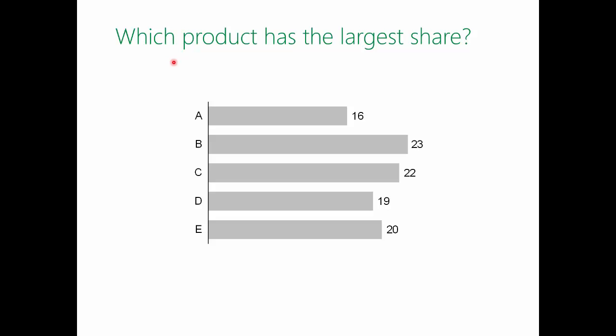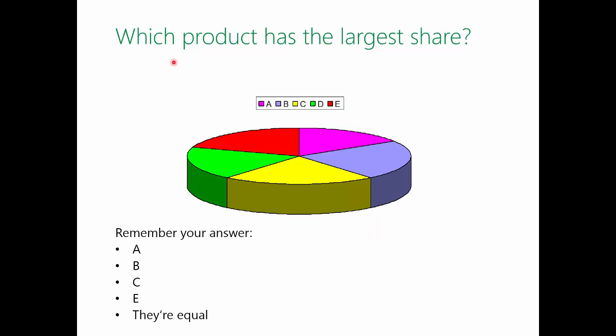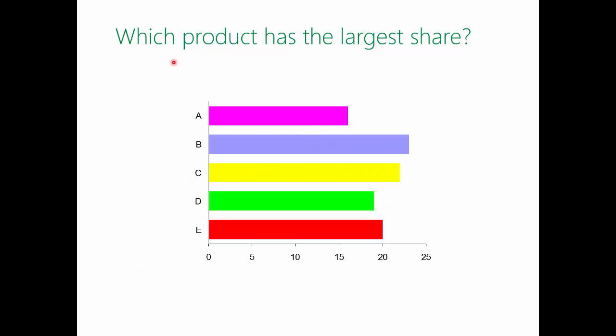The second thing is, of course, if I would ask you a few more questions, like for example, how much is the share of the third largest product, or something like that, you would have a problem here, and you would also have a problem here, because we don't really know the numbers, although we have the labels here.